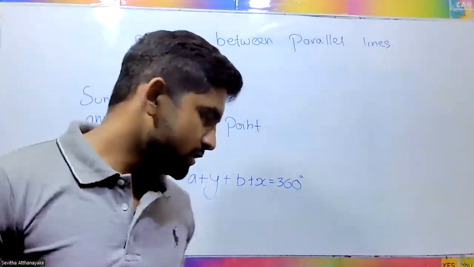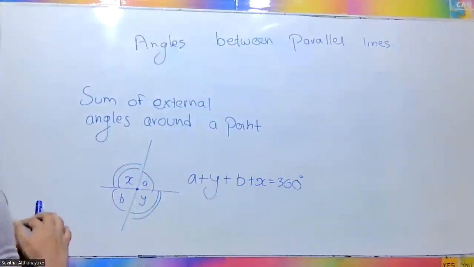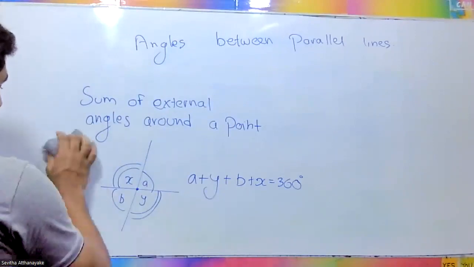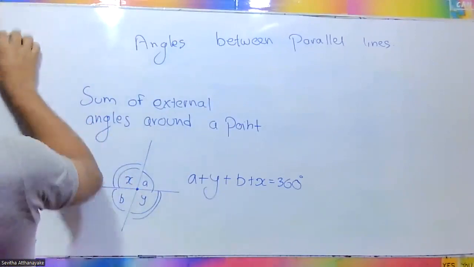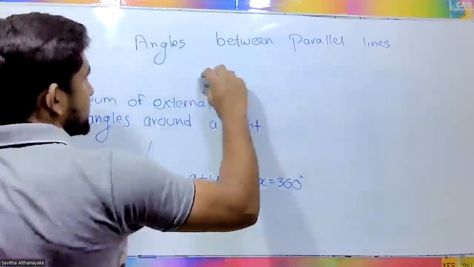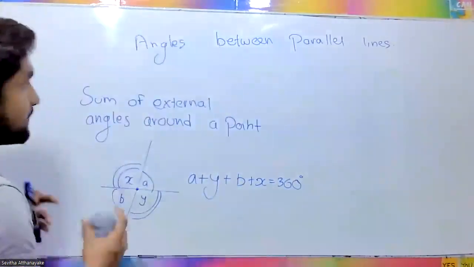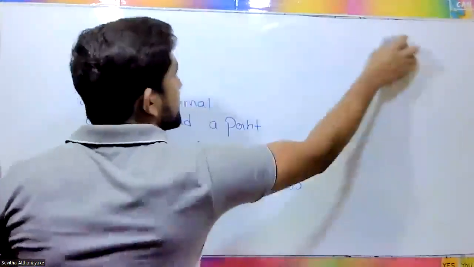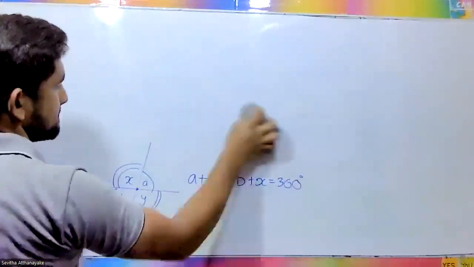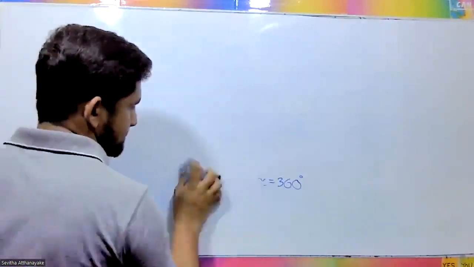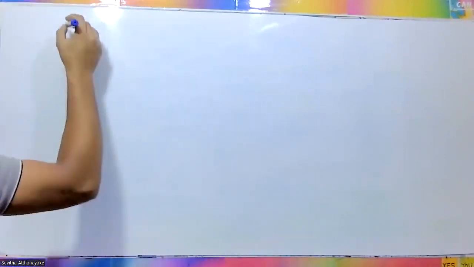So if you have joined the class a bit late, you can watch the recording and write again. Then we'll move on to perimeter. Okay. Write down perimeter.